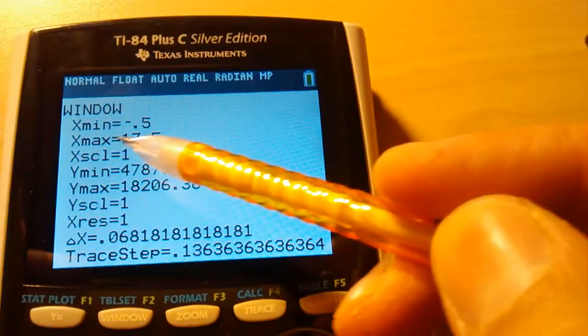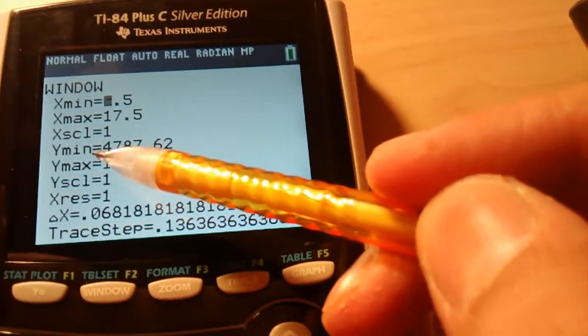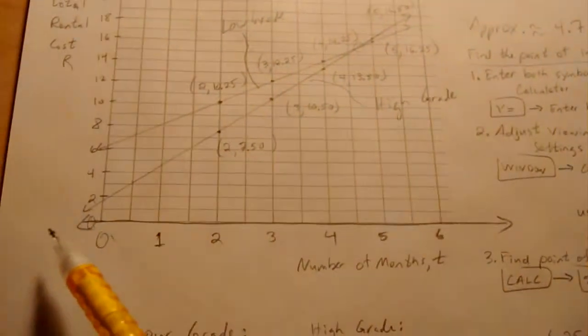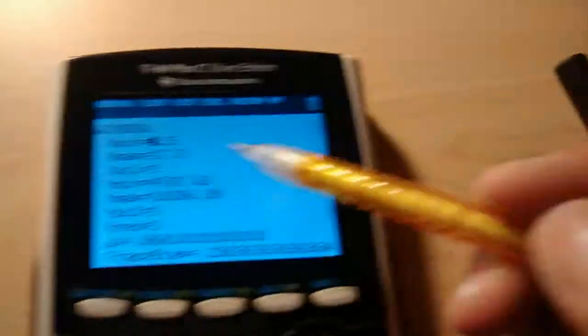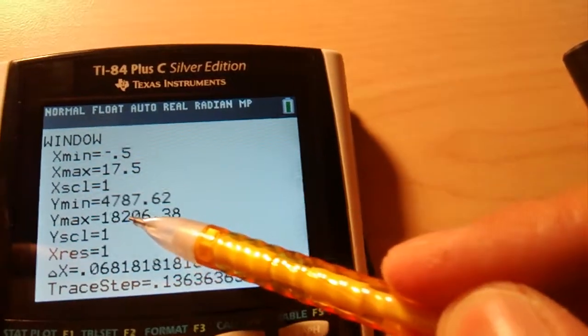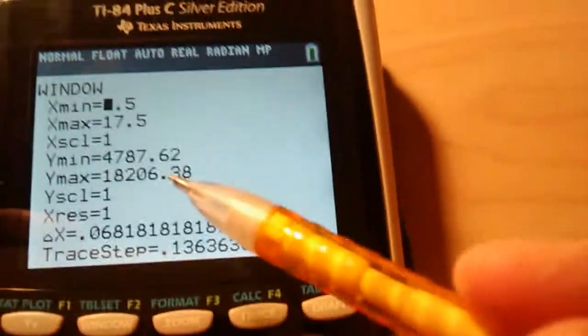The right-hand viewing portion along the input axis would be 17.5. The Y-min along this bottom piece of your viewing window along this vertical axis is a positive right now 47,872, and the topmost portion of my viewing window is 18,000 and change. That's not what I need.